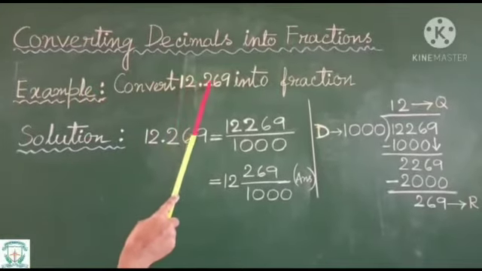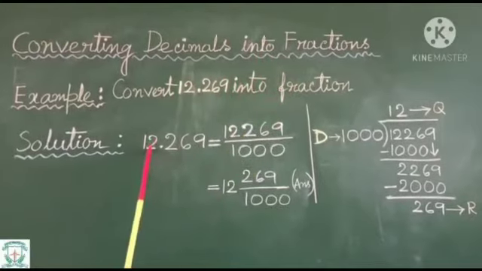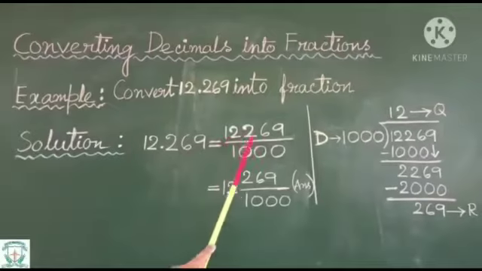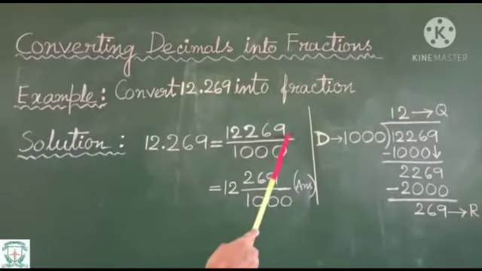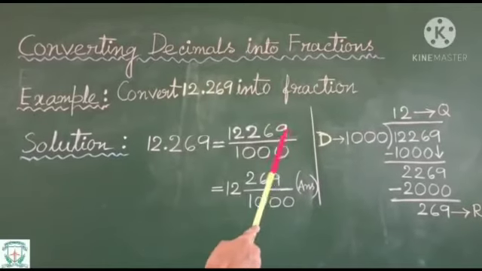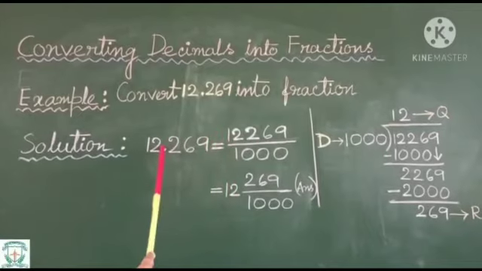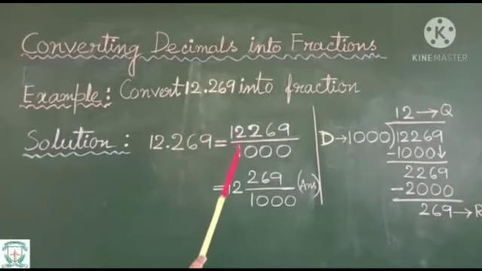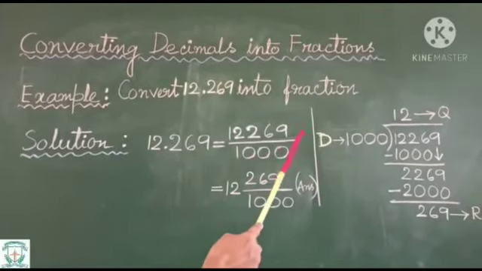Convert 12.269 into fraction. Write the given decimal number as the numerator without the decimal point, that is 12,269. In the denominator, write 1 followed by as many zeros as there are digits after the decimal point in the given number, that is 1000.